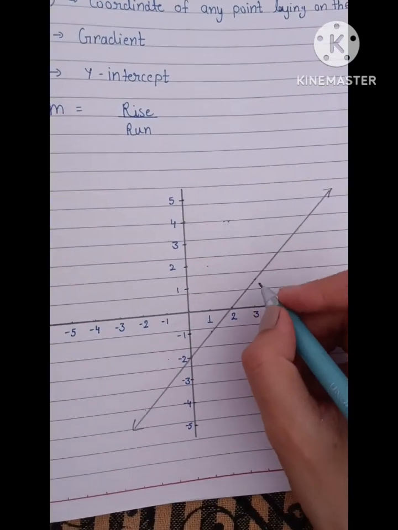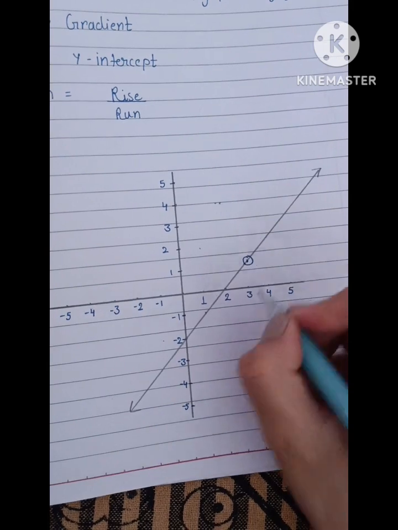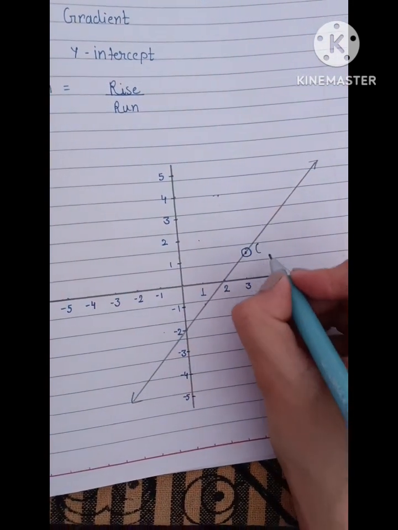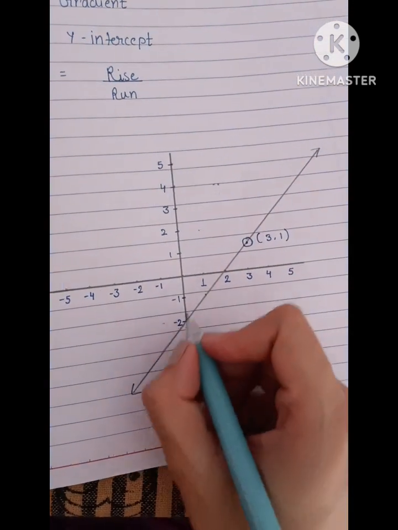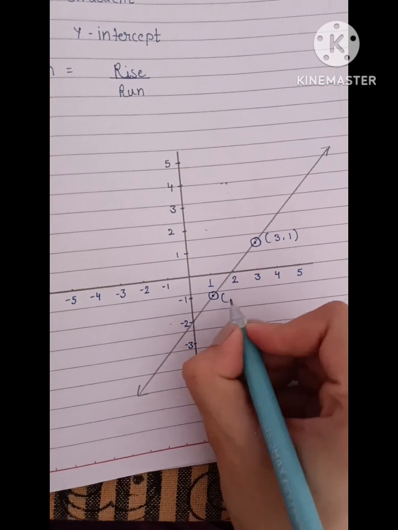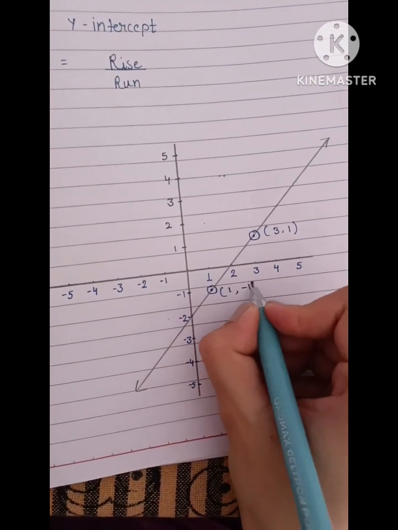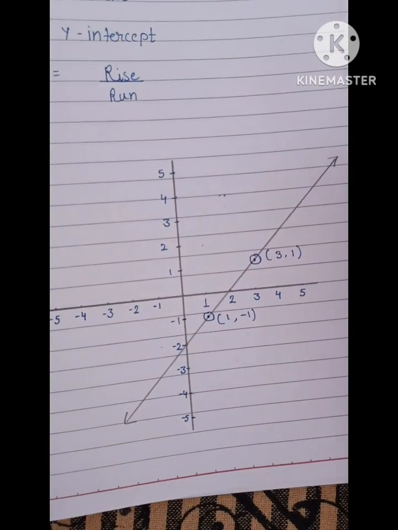Suppose I am taking this point. The coordinates of this point are 3, 1, and another point I am taking is this one, and the coordinates here are 1 and -1. You can take any other 2 points as well, you will get the same answer.